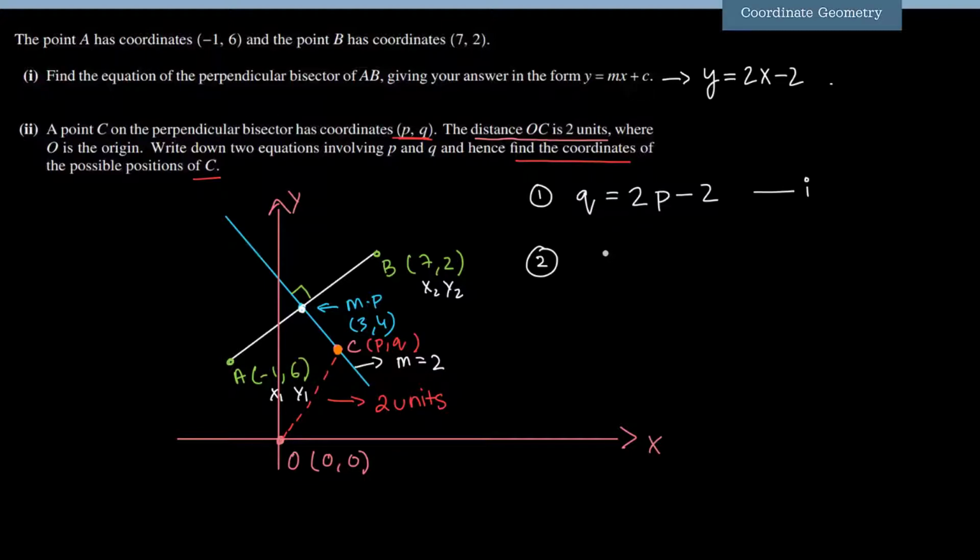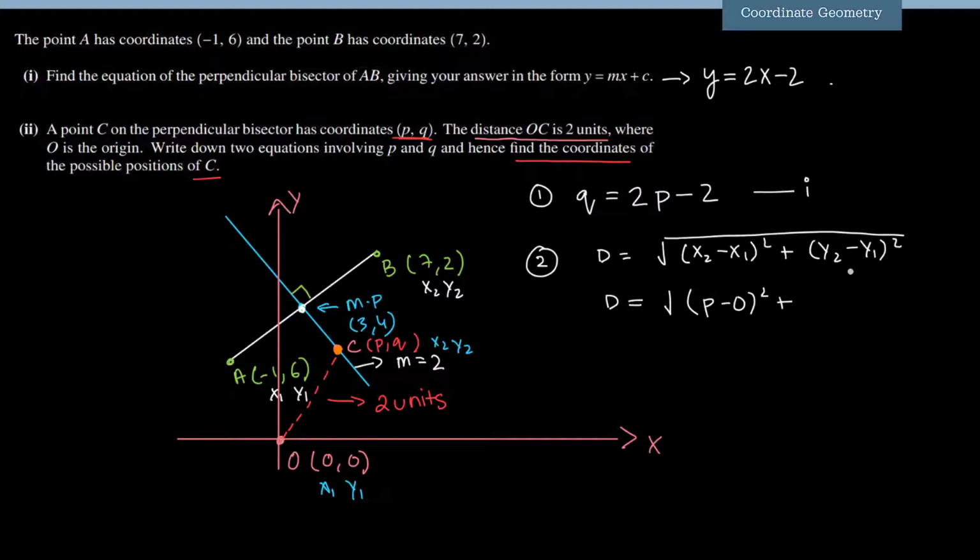I know that the formula of distance is square root of x2 minus x1 whole square plus y2 minus y1 whole square. If I name this coordinate as x1, y1 and this as x2, y2, I'll get the distance as square root of x2 minus x1, so p minus 0 whole square, plus y2 minus y1, q minus 0 whole square.